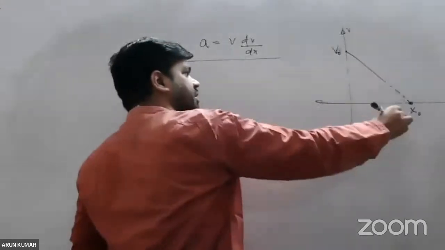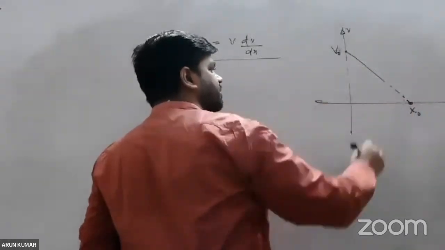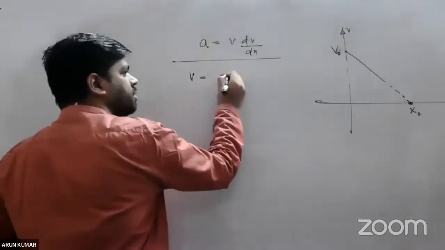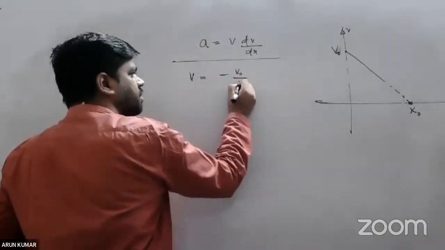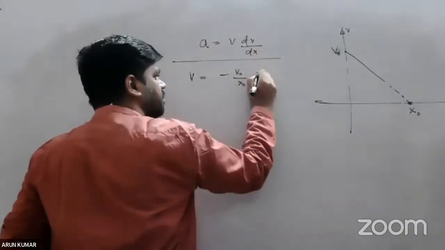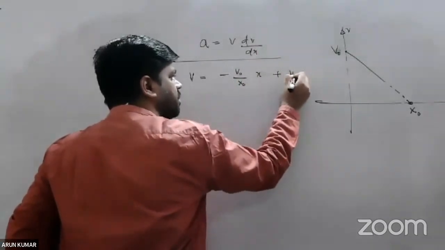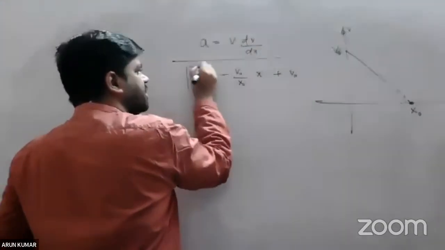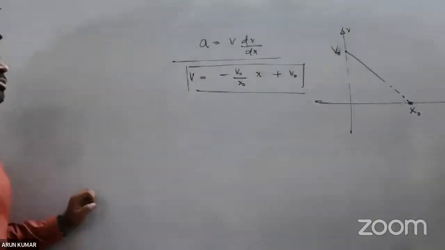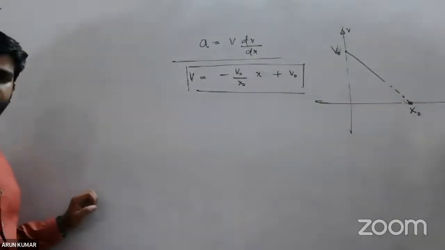Can you tell me the equation of this line? V is equal to, as a function of x. Is this correct? I could be wrong, but is this correct?